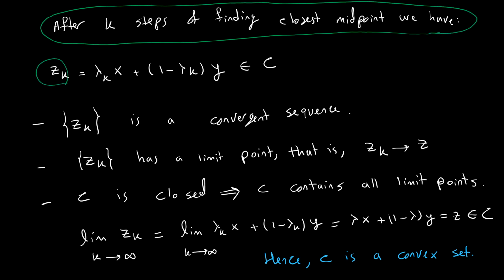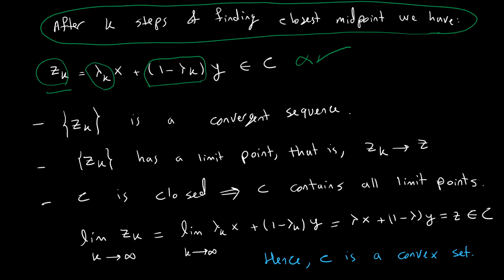So zk would be lambda k times x plus 1 minus lambda k times y, which is in C, because all the operations I have done so far in order to get zk were just the average, and average keeps all the points in set C.